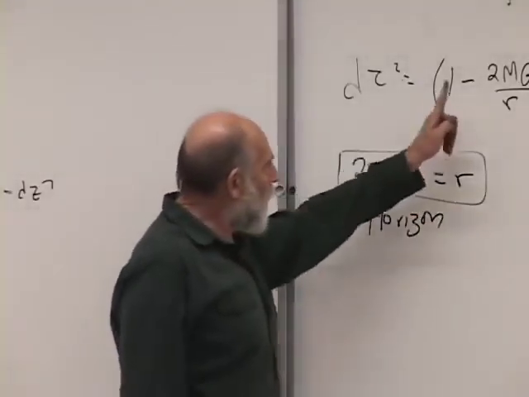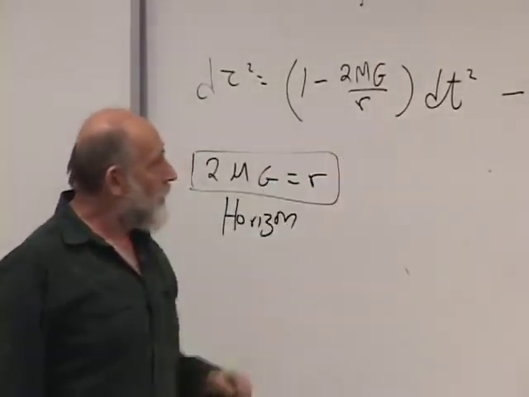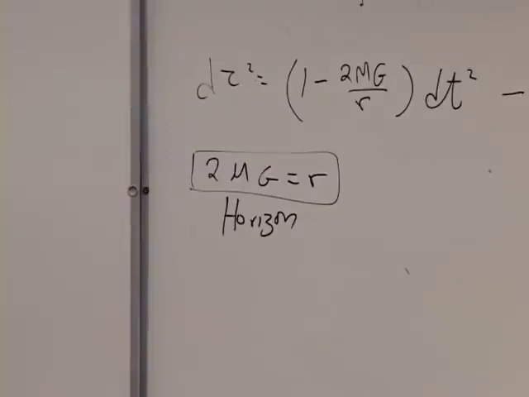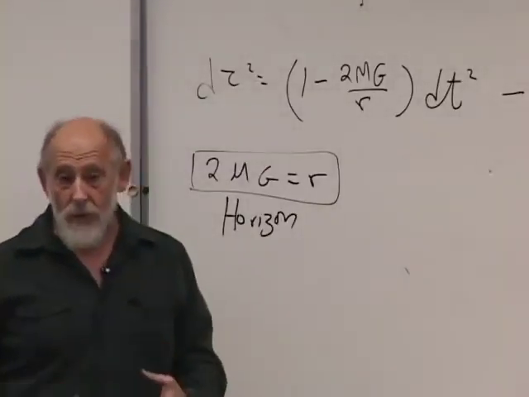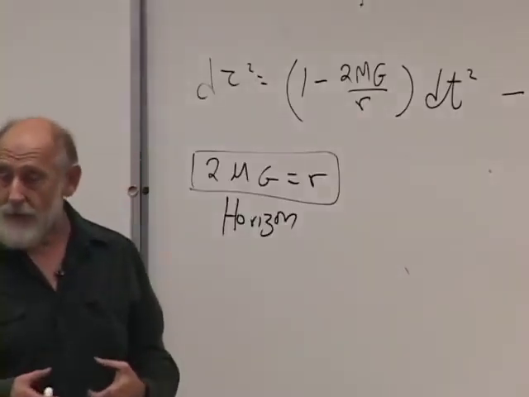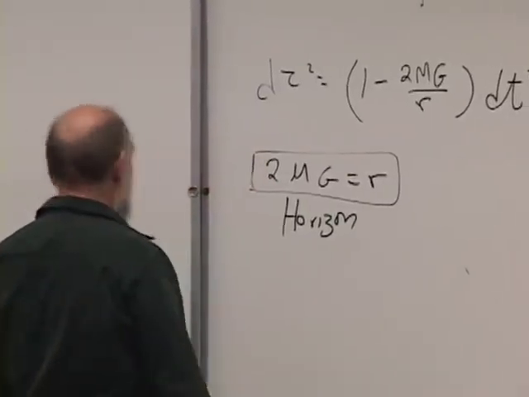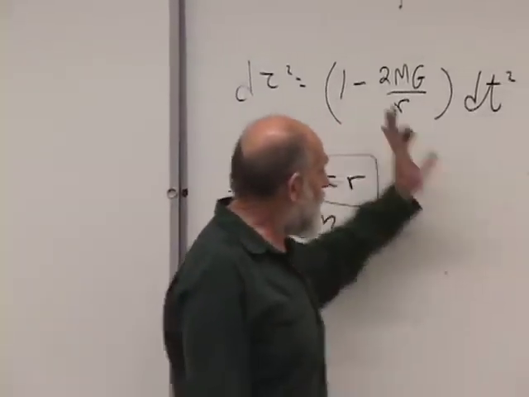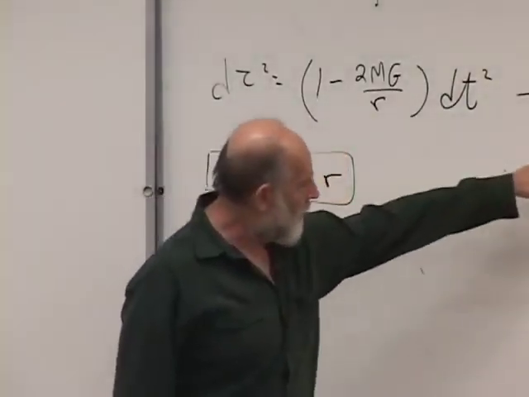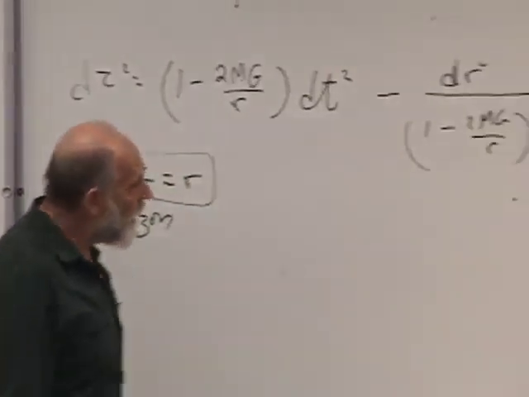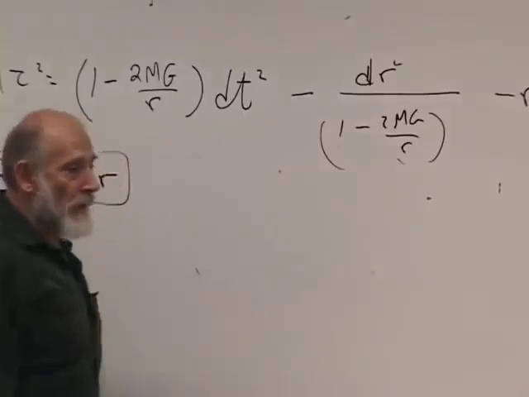We're going to try to find out what's happening. First of all, one thing happens at 2mg equals r. The coefficient of dt squared goes to 0. That's got to do with the fact that clocks slow down as you get closer and closer to the horizon. We'll come back to it, I think. And that wouldn't be so bad. But this also does something bad at r equals 2mg. At r equals 2mg, this goes to 1. 1 minus 1 goes to 0.